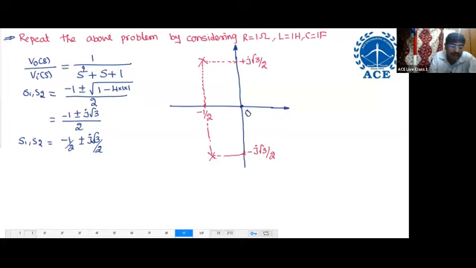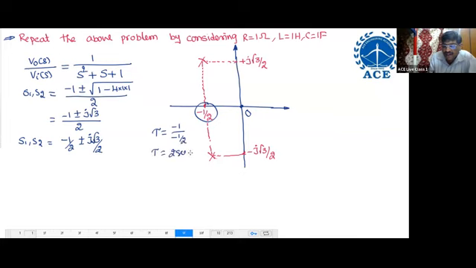Now tell, what is the time constant? The time constant is tau equals minus 1 by minus 1 by 2, which means 2 seconds.